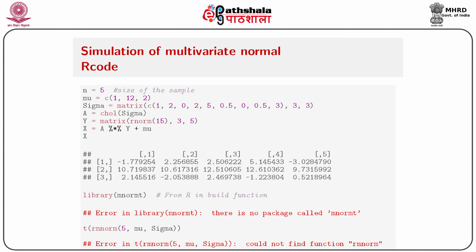Let's see how it can be done in R. So I set n equals 5, and for mu I used 3 dimensions, mu equals a 3 by 1 vector, c(1, 1, 2), and sigma would be a 3 by 3 matrix. So there are 9 entries, and with the matrix function I assign a 3 by 3 matrix to the sigma variable. And then for Cholesky decomposition, there is a function chol, all lowercase, which can be used to get the Cholesky decomposition.